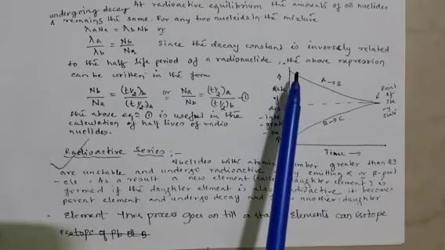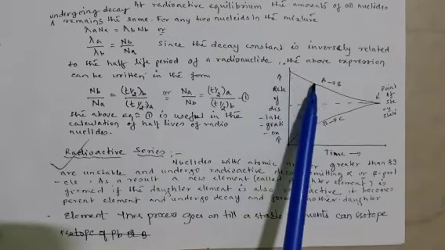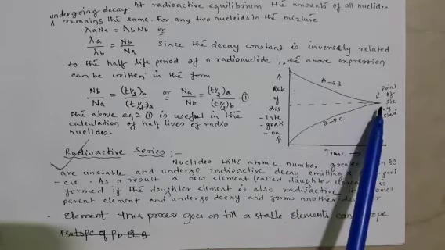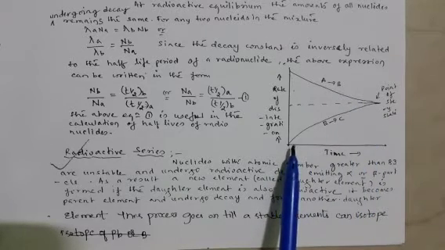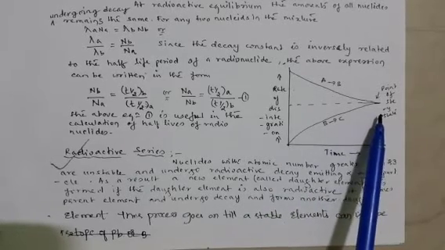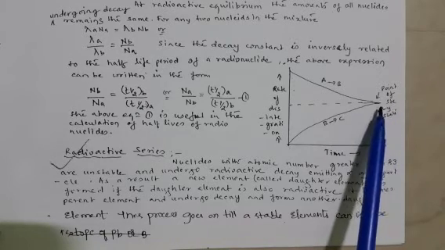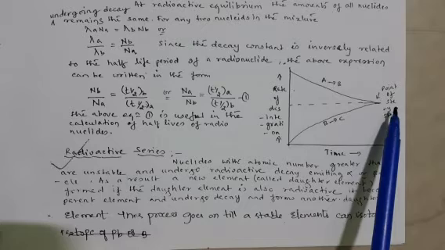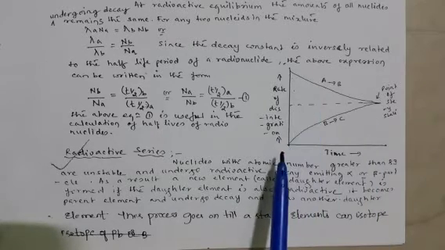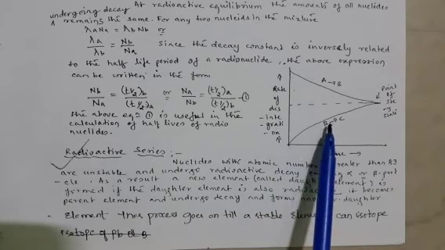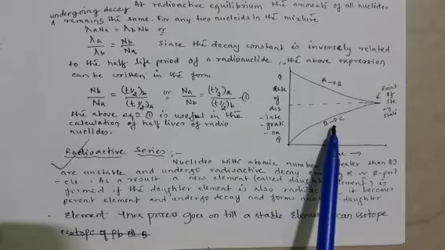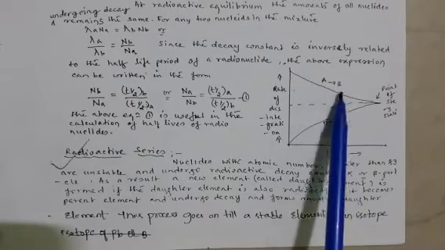The parent nuclei A disintegrates into B, and the daughter nuclei B disintegrates into C. So a state of radioactive equilibrium or the steady state is established when the rate of decay of B, that is the daughter nuclei, becomes equal to its formation.